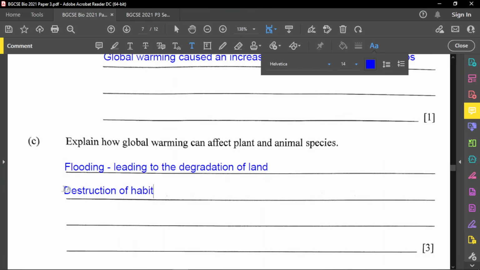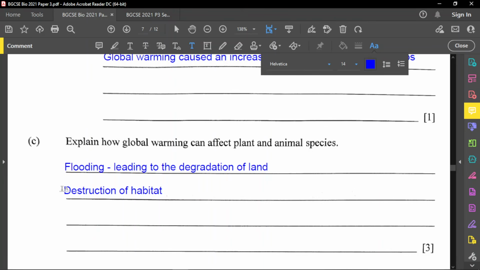So, how could destruction of habitat cause a problem to animal species? Simple, because it destroys their homes. They may not have nests, for example. Flooding could also destroy the habitat as well. So that's very important to make a note.